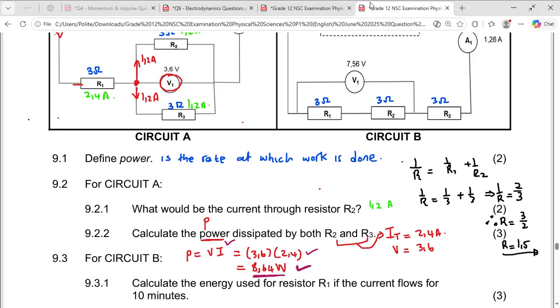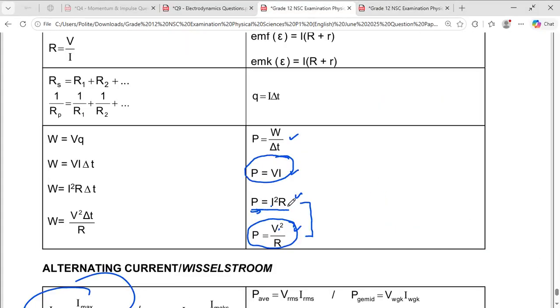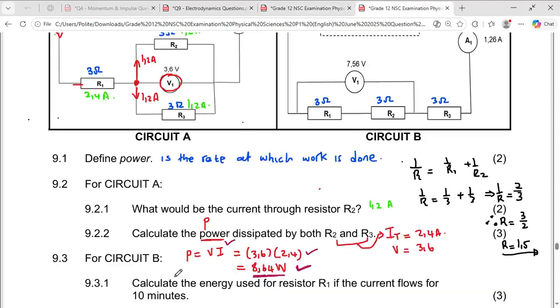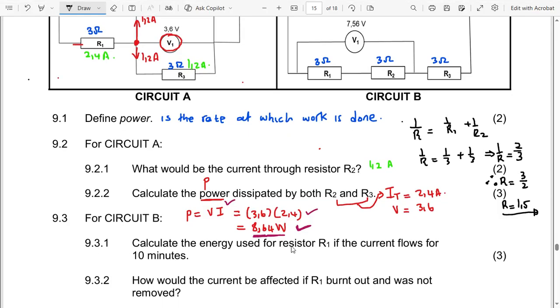And then if you choose to use one of those two formulas, let's start with the first one. We can start with this one and see what we get. I think that should give you the same answer. So this will be power is equal to, let's start with the one that says V squared over R. The voltage we said is 3.6.